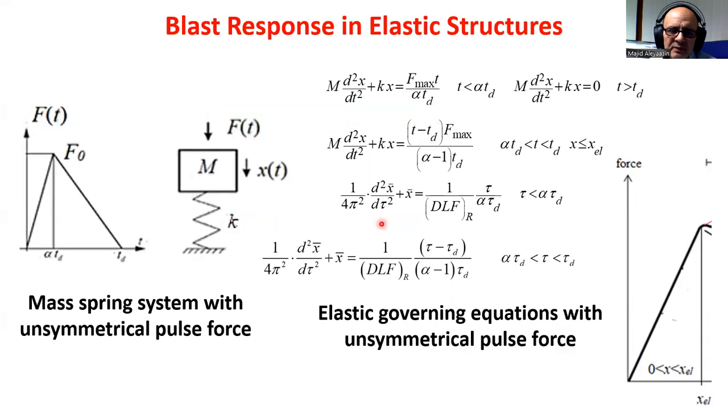And obviously, in either model, EPP or EPSH, this part is common. We have elastic part. All the systems have elastic behavior. And obviously, the pulse could be non-symmetric, meaning the rising time is always shorter than the falling time, and then after that the blast does not exist. This model, also by this parameter alpha, we can use unsymmetrical pulses as well. Okay, this is a non-dimensionalized equation.